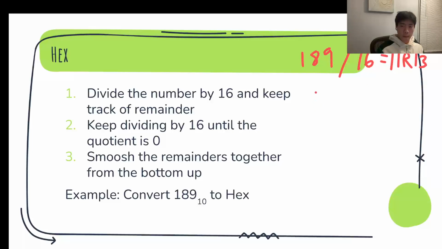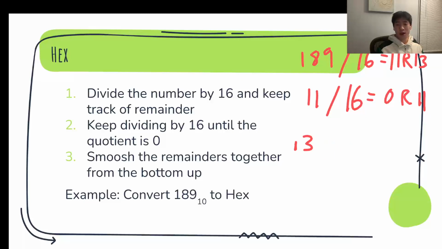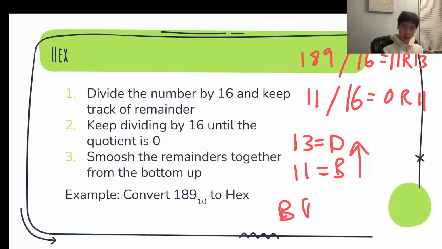Okay. 11 divided by 16 is equal to 0 remainder 11. So first of all, 11 and 13 are two-digit numbers, so we first actually need to convert them into hex. So 13 in hex is equal to D, since A is 10, B is 11, C is 12, D is 13, and 11 is B. So going from the bottom up, we have BD.